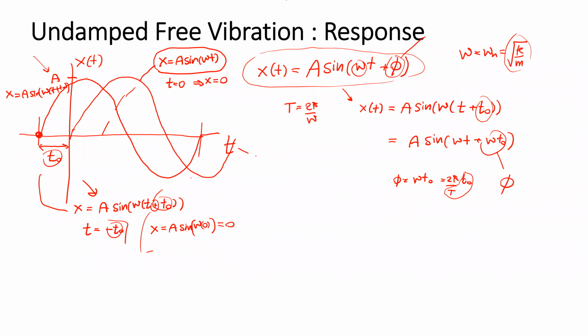And the time t0, if we know the phase shift from the plot, if we know the phase shift from the equation, if we need to plot the curve when we see the phi, we may try to write t0 equal to phi per omega, or equal to phi multiplied by the period divided by 2 pi.